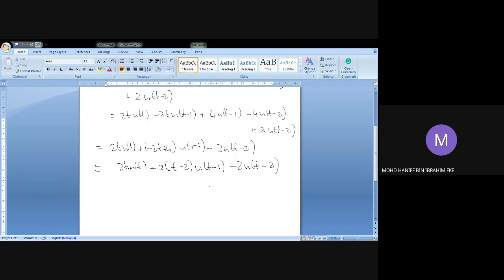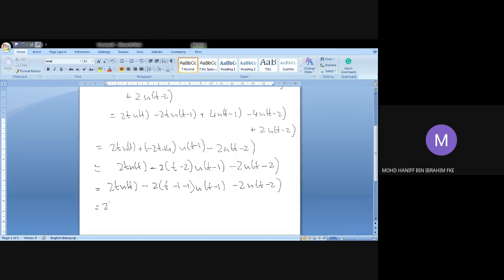Note that this is ut minus 1, but here is t minus 2. So we need to write this as t minus 1, same as this. You need to be very clear on that. So what we can write is that we're going to have 2t minus 1 minus 1, ut minus 1, minus 2 ut minus 2. So get the point there.